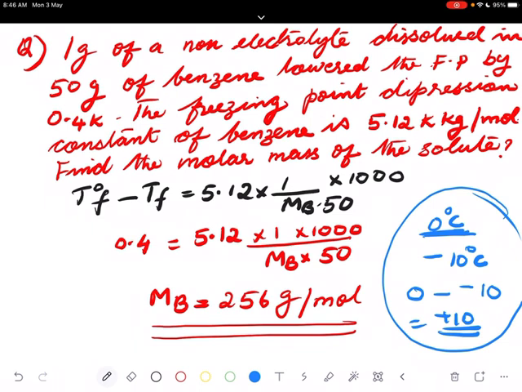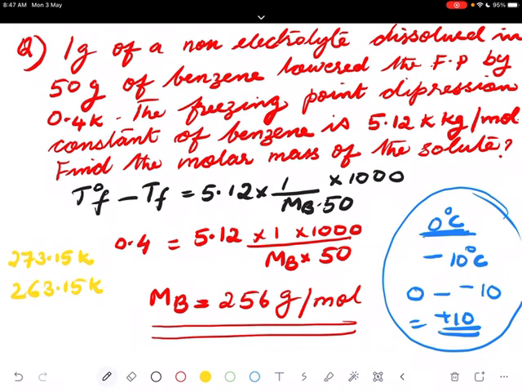Bigger minus smaller. The 0 degree Celsius I can write in the form of 273.15 Kelvin. Now minus 10 degree means then 263.15 Kelvin.